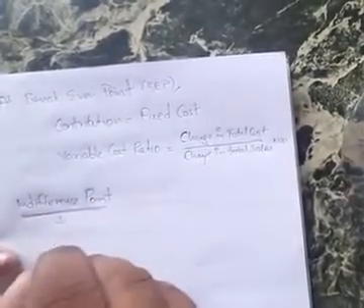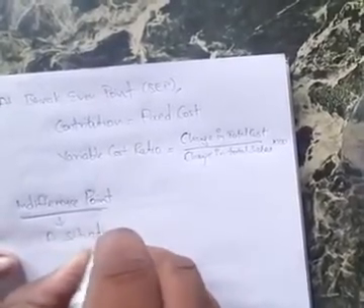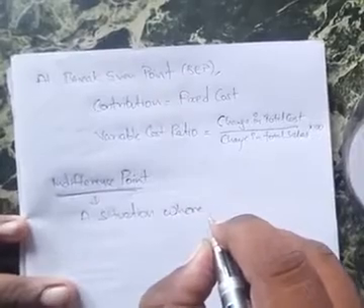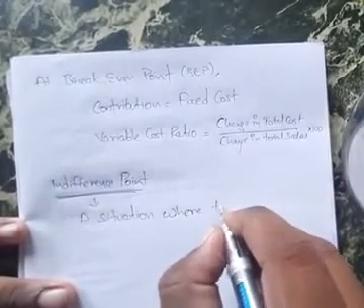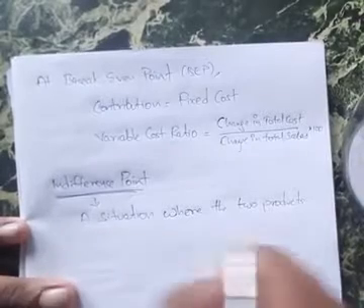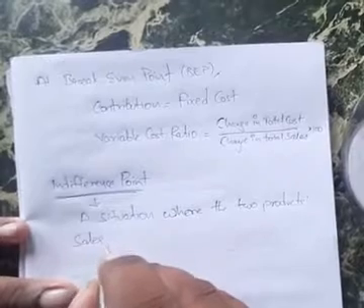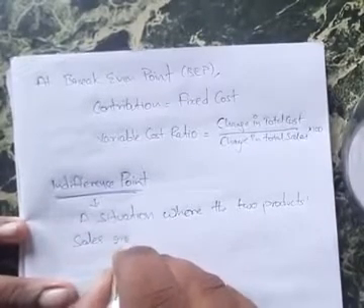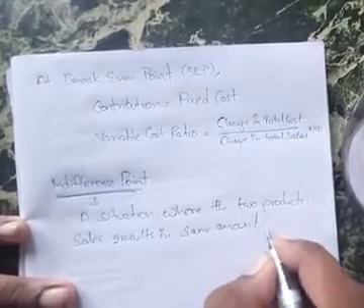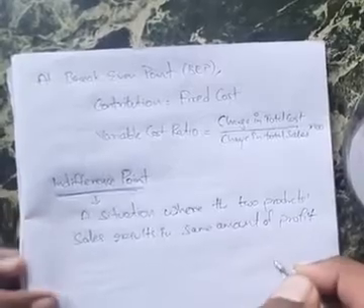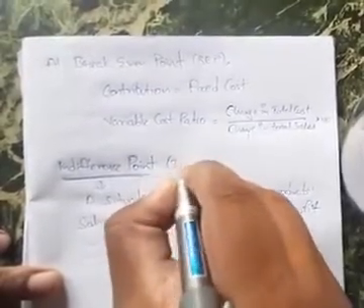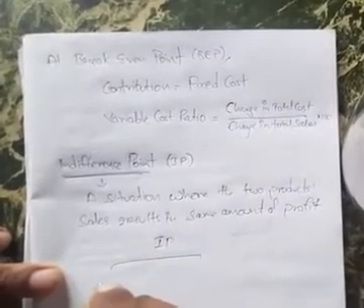Indifference point means it is a situation where the two products' sales result in the same amount of profit. Again, the indifference point is also measured in two ways. Let us say this as IP. This IP is measured in two ways.